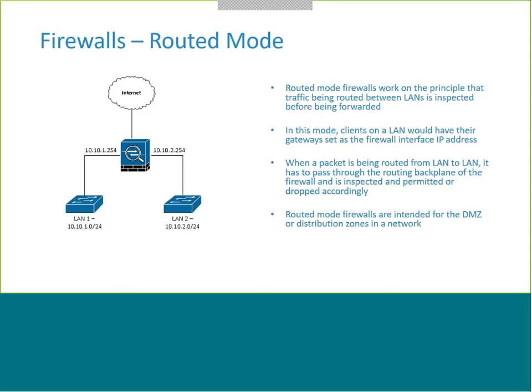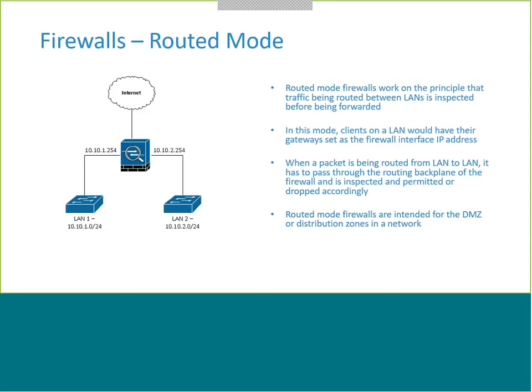And this is quite common, really. This is one of the most common types of firewall functionality and applications you'll see, using it as your default gateway for your clients. And you will see these a lot in a DMZ zone, distribution zone, somewhere a little bit higher up in the network where we're essentially linking different networks together.